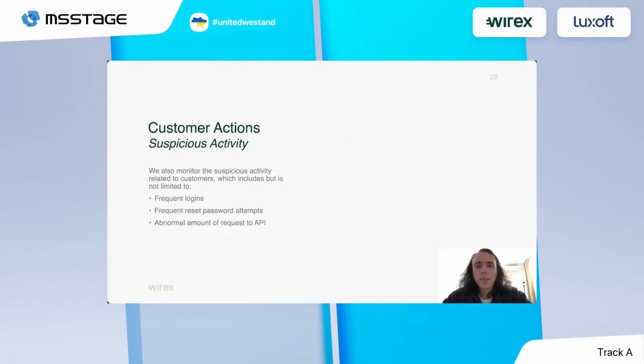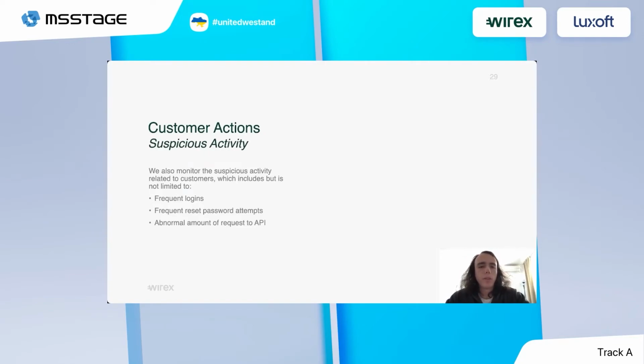The next one is suspicious activity. We also monitor the suspicious activity related to customers, which includes, but is not limited to, some of them: frequent logins, frequent reset password attempts, device confirmations, phone number confirmations, and other actions.